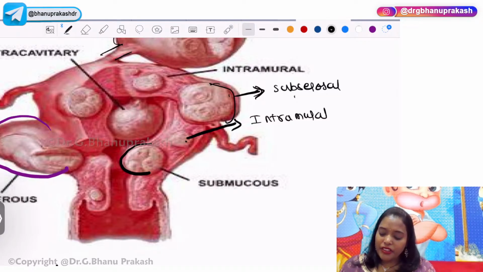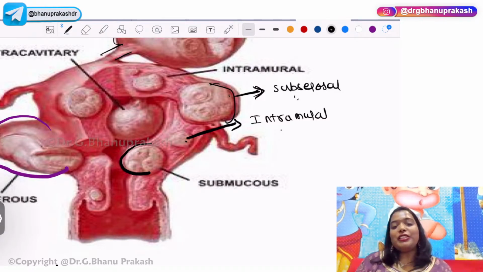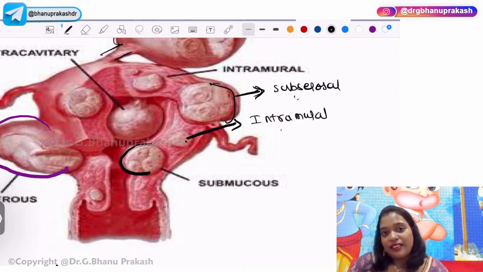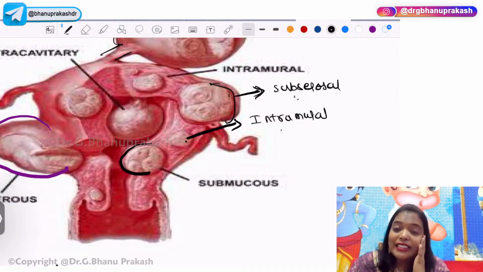Now, can you tell me which is the most common among these three? Is it submucosal, intramural or subserosal? Fibroid is a tumor of muscle, so it first arises in the muscle.